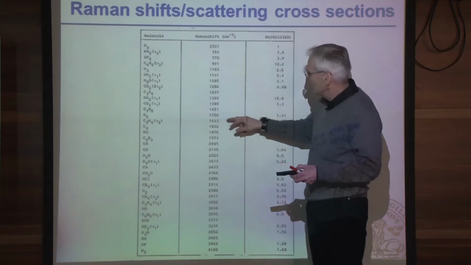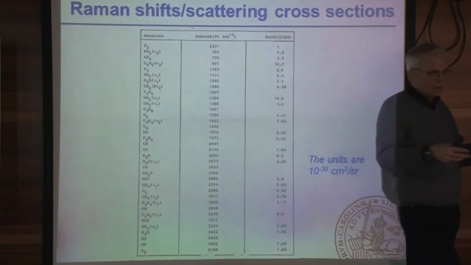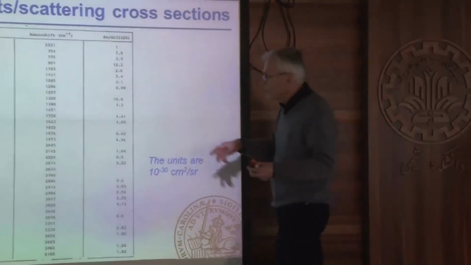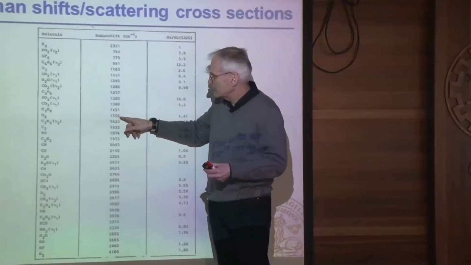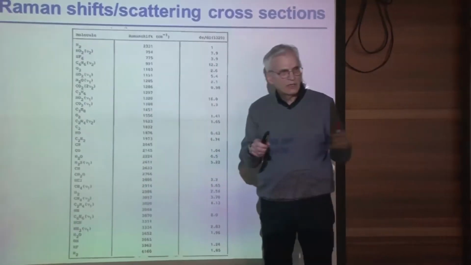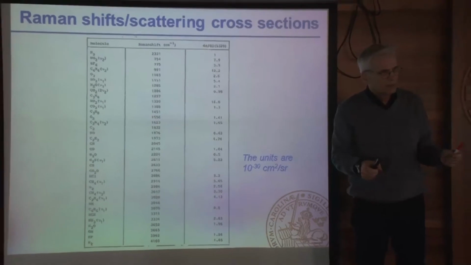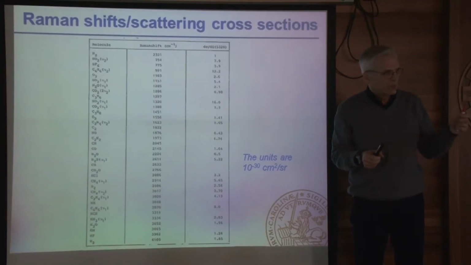And that means if you have a laser at 532 nanometers, convert that to wave numbers, add or subtract 1556, you will end up at 580 nanometers. You know exactly where you would look if you have that wavelength on the laser and oxygen or nitrogen or CO or CO2.